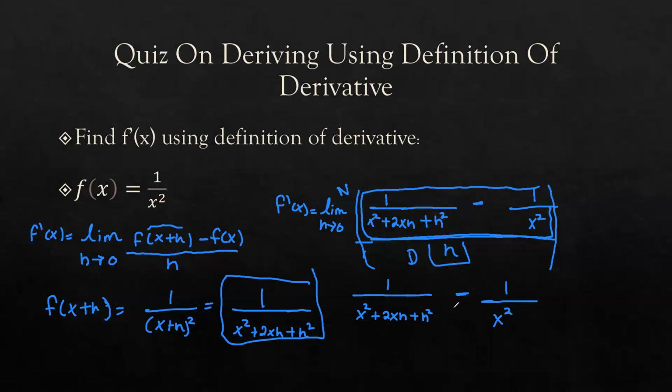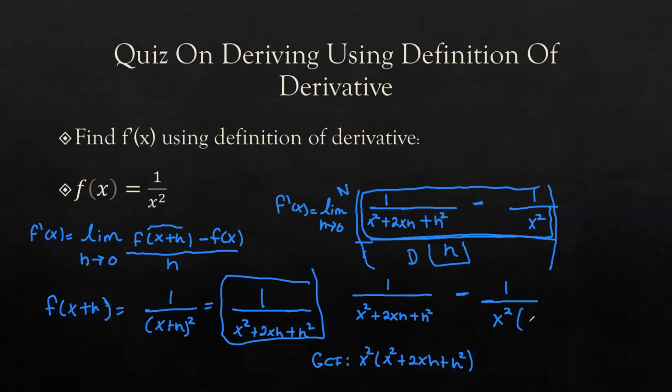So we have 1 over... when we are subtracting, we need a greatest common factor. My greatest common factor, or GCF, is actually the product of those two. So it's going to be x squared times x squared plus 2xh plus h squared. Do not FOIL it out, just leave it as it is.